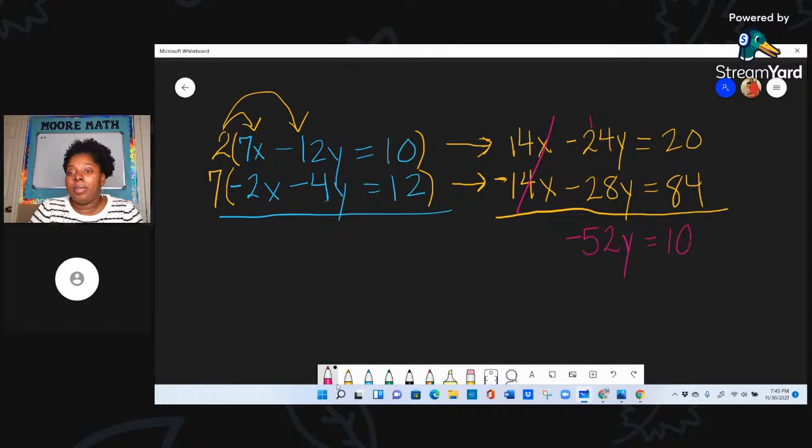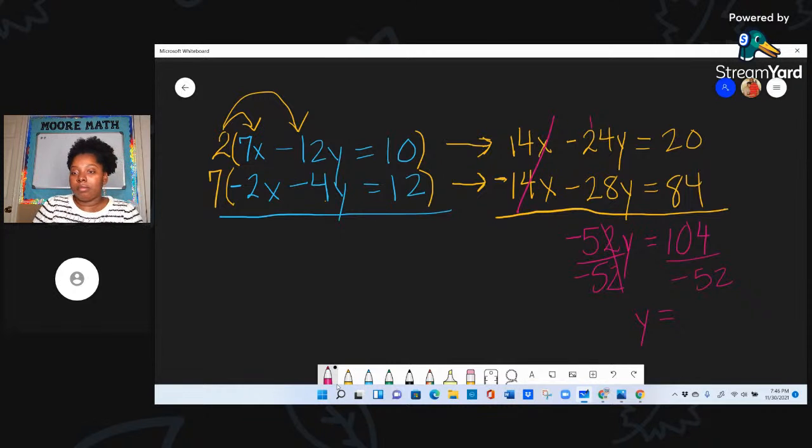And then when you add these together, you're going to get 104. Now tell me what to do. You divide. Okay, what am I dividing both sides by? Negative 52. Excellent. Okay, and y equals? Negative 2.